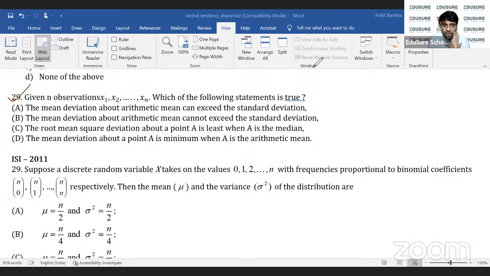चलिए, वेरी गुड, शेयरिंग द रिजल्ट्स। तो ये आया आपका पोल का रिजल्ट। तो इसको अगर सॉल्व करना है, सबसे पहले तो मीन डिविएशन क्या है? मीन डिविएशन अबाउट A इज दिस, ठीक है। अब मीन डिविएशन इज मिनिमम अबाउट द मीडियन, okay, mean deviation is minimum about the median, not the arithmetic mean.